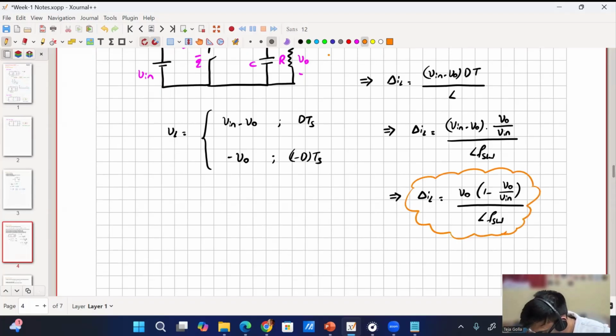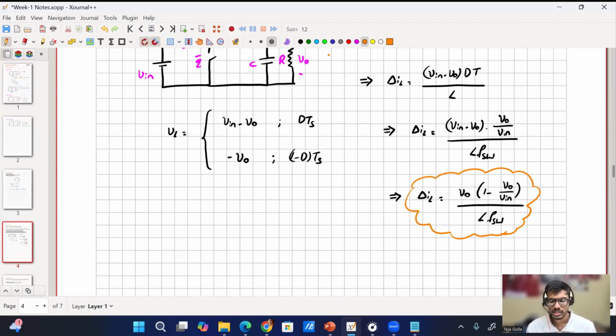Keep one thing in mind. We don't design the inductor based on the continuous conduction mode. We design the inductor based on the ripple. What is decided for continuous conduction mode? The load decides. The resistance R will decide what will be boundary conduction mode, continuous conduction mode, as well as critical conduction mode.